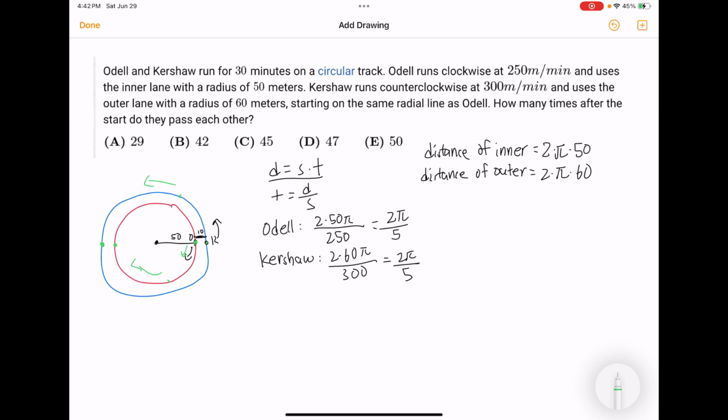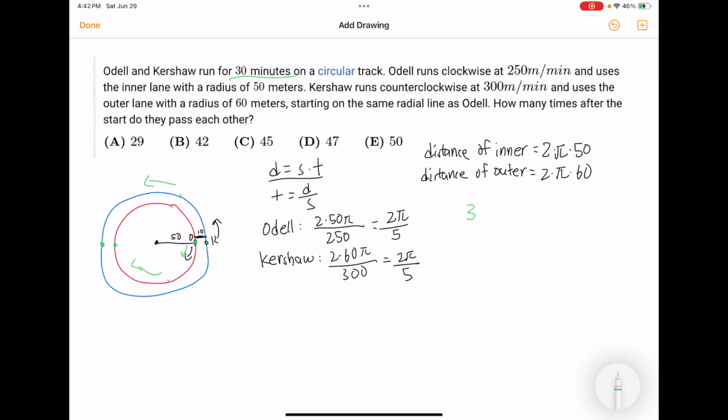Now if we can figure out how many laps are run by both, then we can just multiply that by 2 because they meet twice per lap. To find the number of laps, we can use the total amount of minutes they spend running, which is 30, and divide by the time it takes for them to run one lap, which is 2 pi over 5.